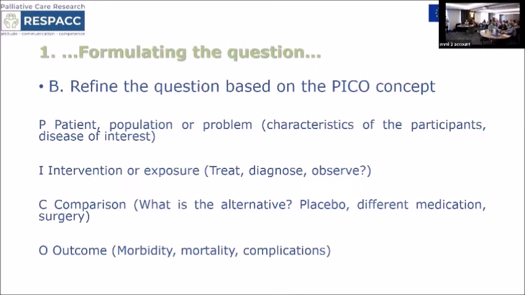I stands for intervention or exposure. What do I want to see as intervention? I want to see pain treatment, I want to see communication modalities, it might be cause-effect. What is the intervention that I'm looking at? And then C stands for the comparison.